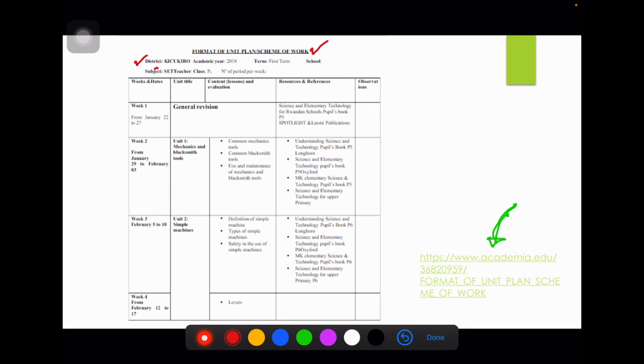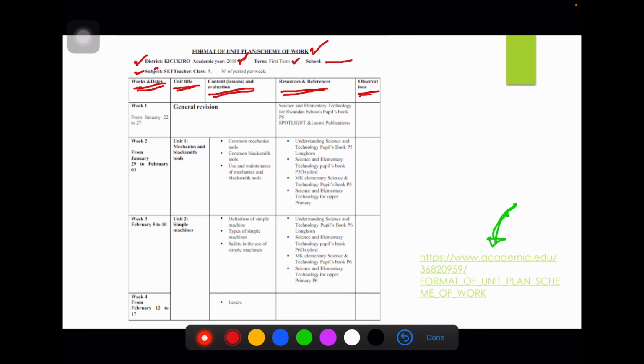So they have the district, academic year, term, first term, second term, and the name of the school. Then subject, class, and we have the weeks and dates, the unit title, content, lessons and evaluation, and then resources and references and observations.